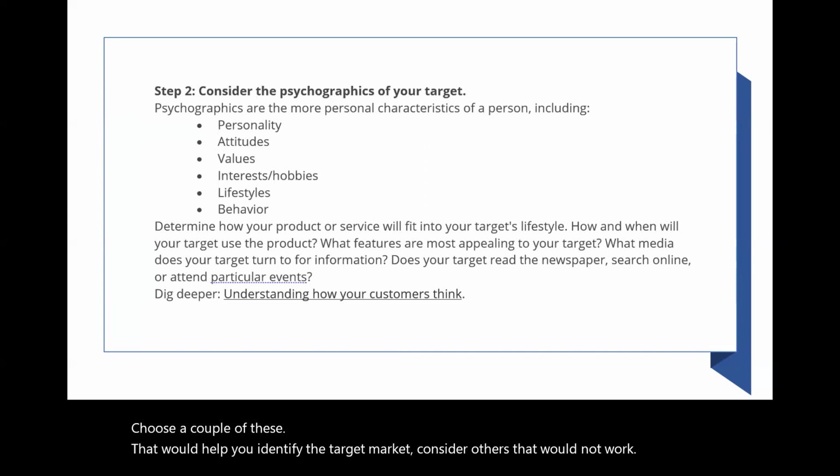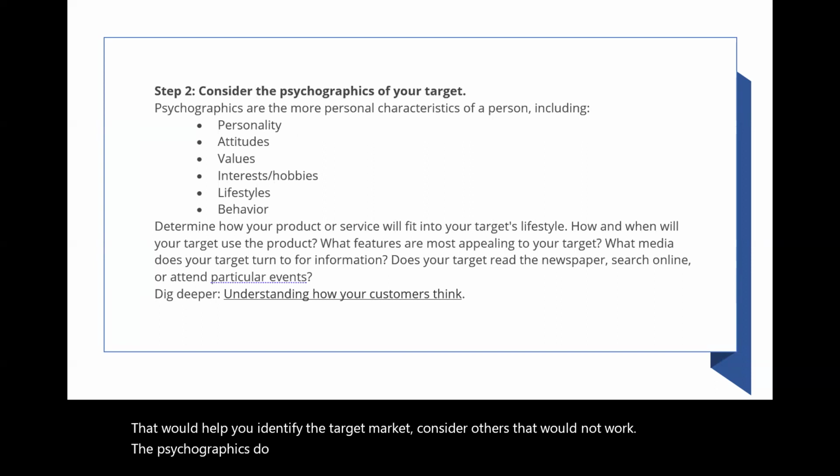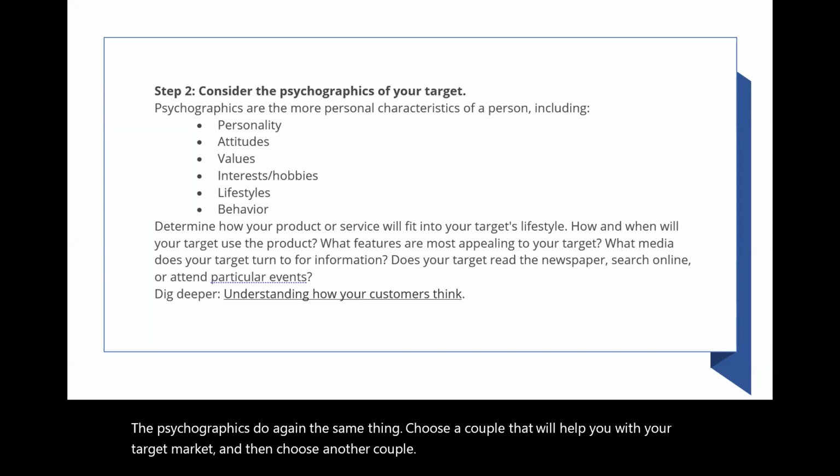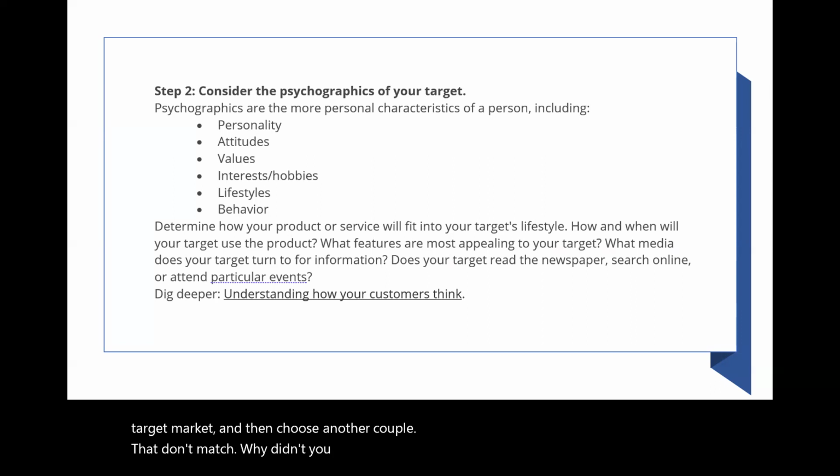The psychographics, do again the same thing. Choose a couple that will help you with your target market. And then choose another couple that don't match. Why didn't you consider those to help you identify your target market?